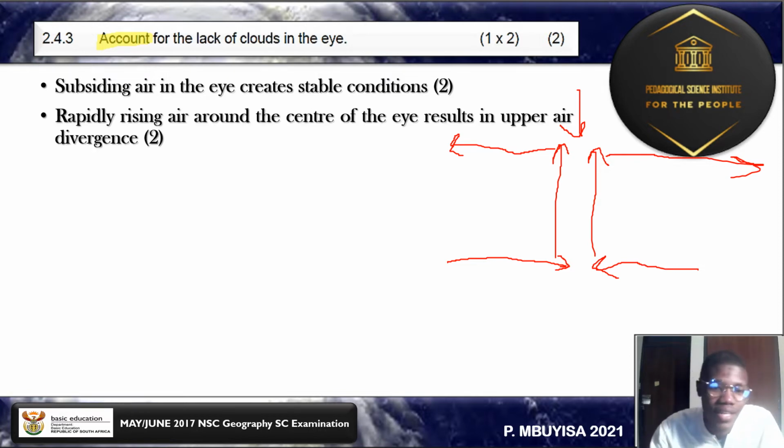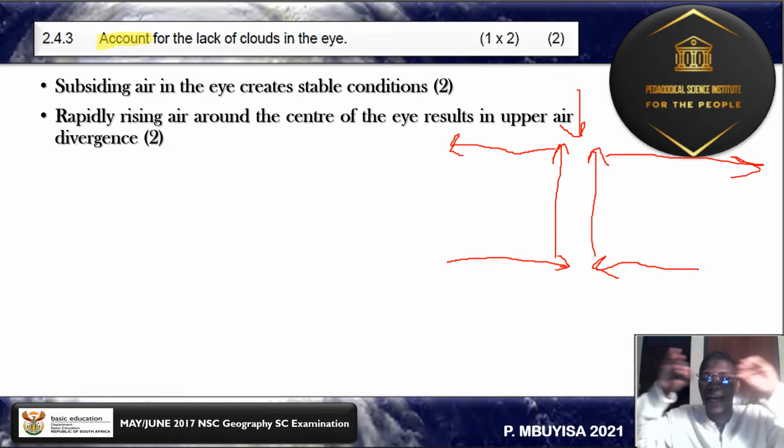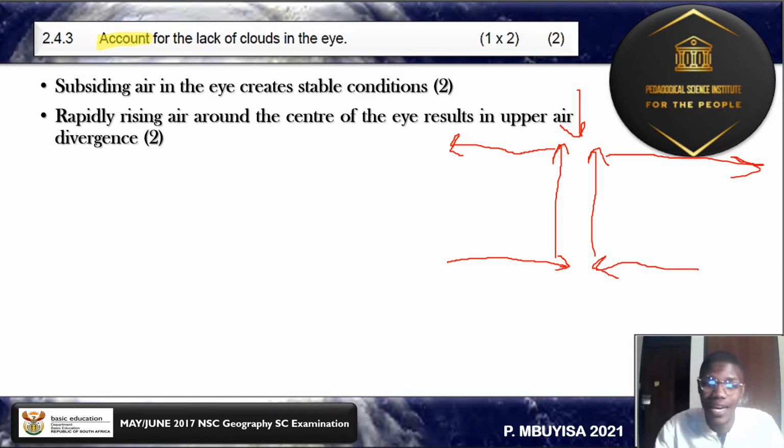So as they say here, rapidly rising air around the center of the eye results in upper air divergence, as I explained to you. So it results in upper air divergence, and the cold air filling up the atmosphere is going to sink and warm up as a result. Now, what is the source of energy that drives this hurricane? We know that the source of energy of the hurricane is heat.